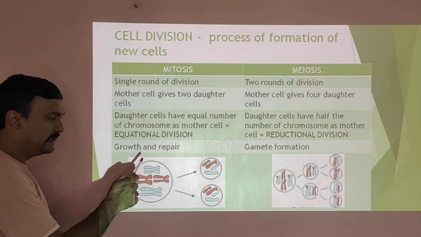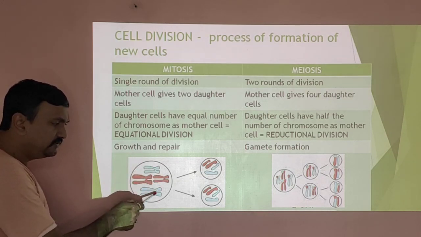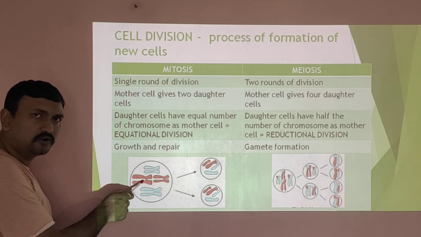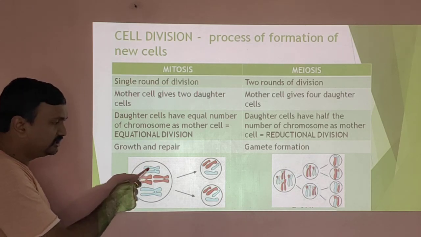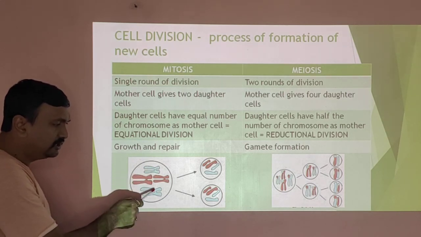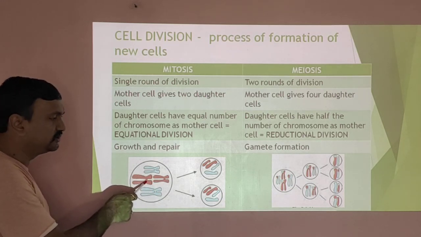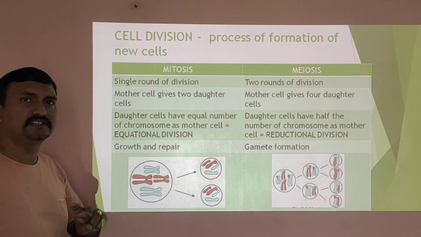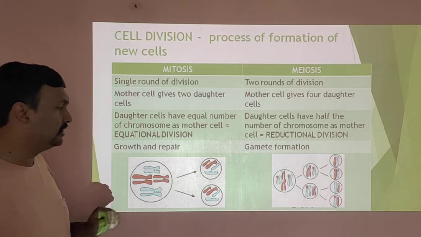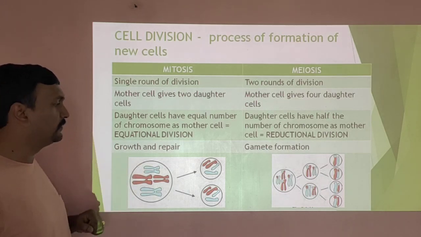See this diagram. Here, these individual chromosomes, these are 4 chromosomes which are present. This blue color is 1 chromosome, this is another chromosome, this is 1, this is 1. So 4 chromosomes. Each chromosome is present as a doublet. It is a duplicated chromosome.